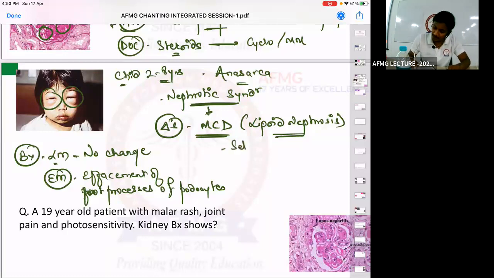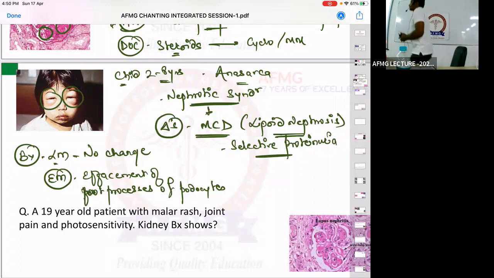Albumin, and this type of protein loss is called selective proteinuria. Selective proteinuria is a feature of minimal change disease, and non-selective proteinuria is seen in older patients. In children selective, in the elderly non-selective. So in MGN there would be non-selective proteinuria.